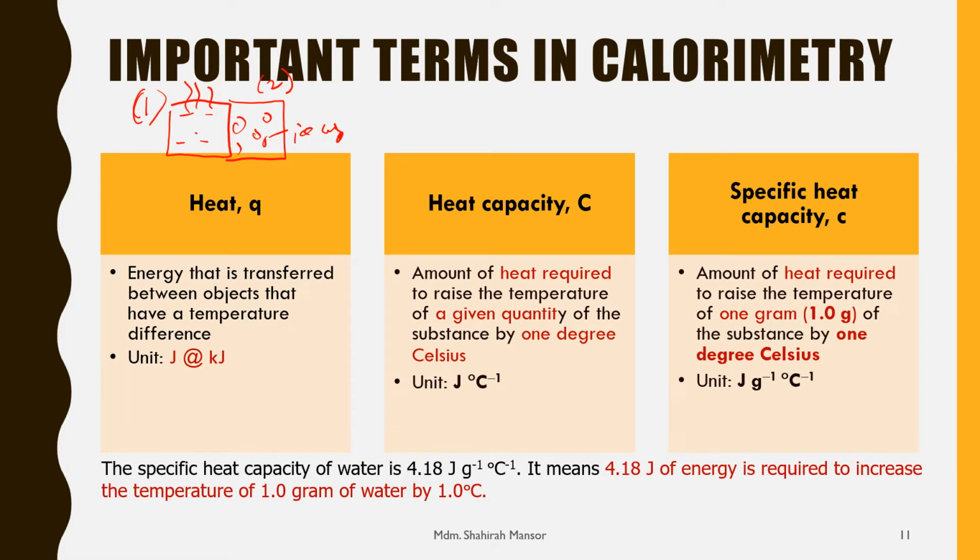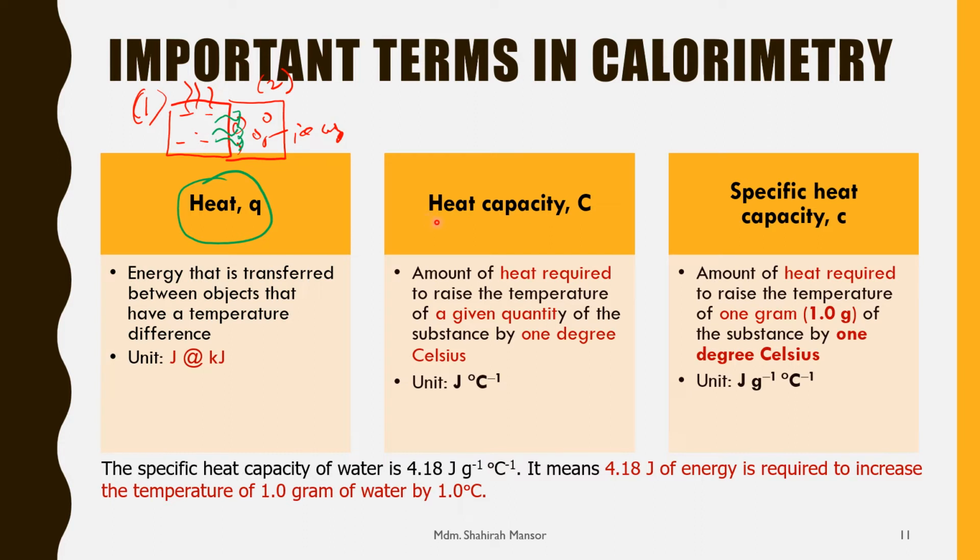So bila kita letakkan secara bersebelahan, maka apa yang akan jadi adalah akan wujudnya heat transfer daripada bekas panas ke bekas yang sejuk. So this heat transfer ini adalah merujuk kepada heat, okay, ataupun Q. Okay, energy transfer tadi merujuk kepada heat ataupun Q. And the unit is in joule or kilojoule.